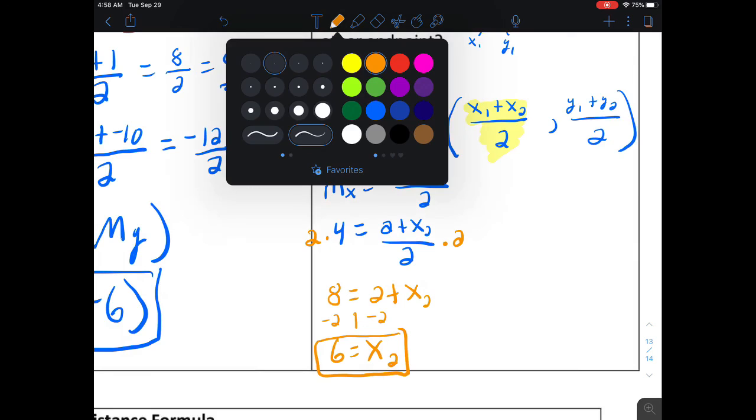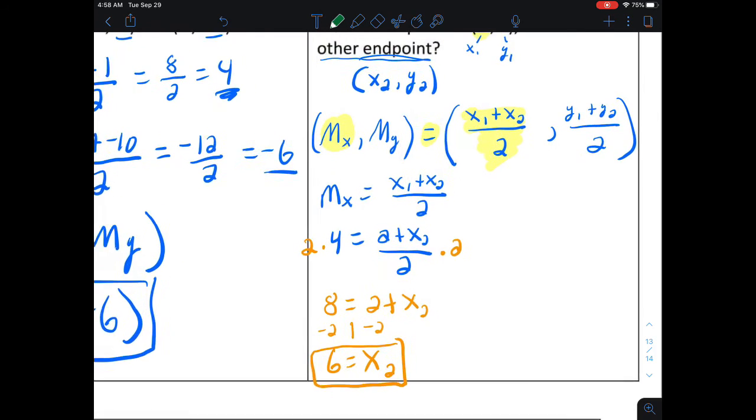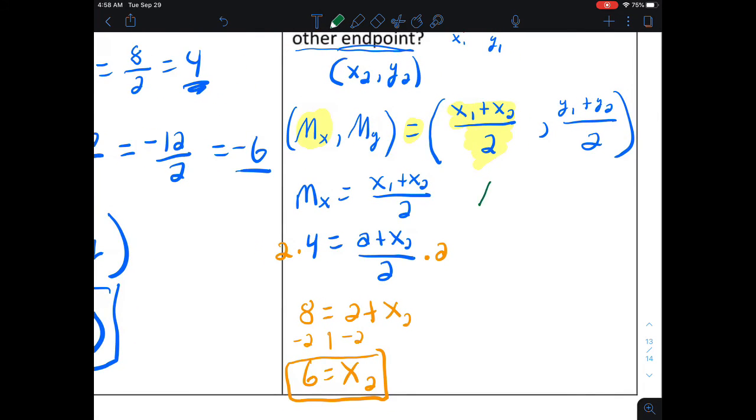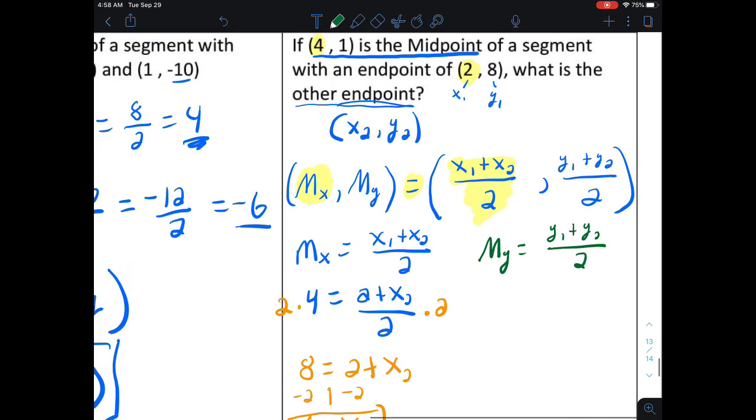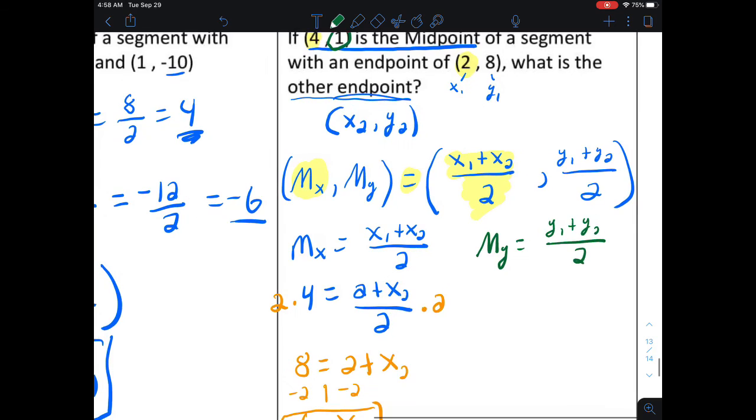Now I have to do the same thing for the y's. So my midpoint y is going to equal y1 plus y2 divided by 2. Well, our midpoint y is 1, so I'm going to say 1 equals, and then the y value of the point that's given is 8. That's y1. So I have 8 plus y2 divided by 2.